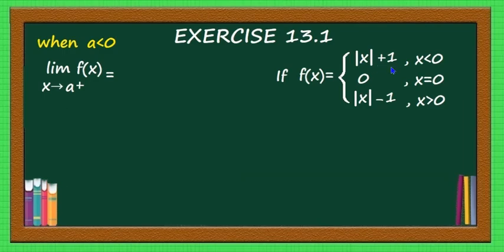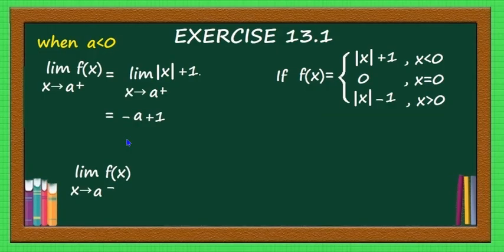Mod x plus 1, and that's why you have to take the limit as x tends to a plus of mod x plus 1, and put x equal to a here, mod a, where a is negative. What is mod a? Minus a, plus 1, because a is negative and mod of a is minus a. So it is minus a plus 1.